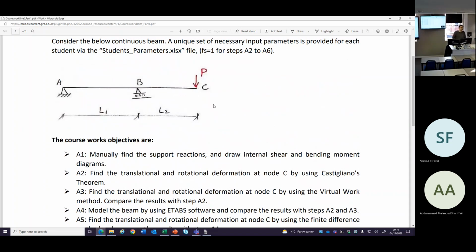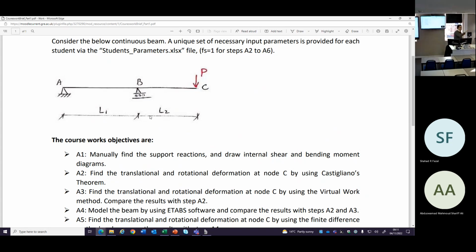The structure is a determinate structure, really easy to solve manually. You can find the support reactions, everything, in 5 minutes. It's a single structure of 2 segmented beams, A, B, C, with a simple support, a roller support, lengths L1 and L2, and a load P. Everyone has an individual set of parameters.